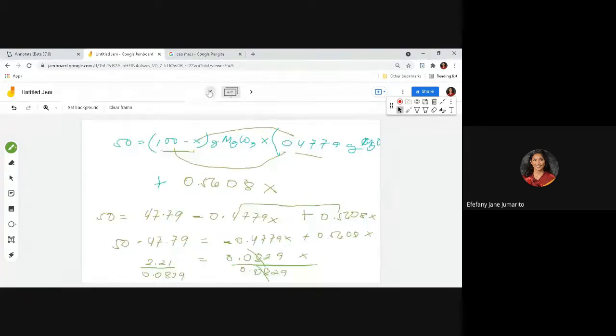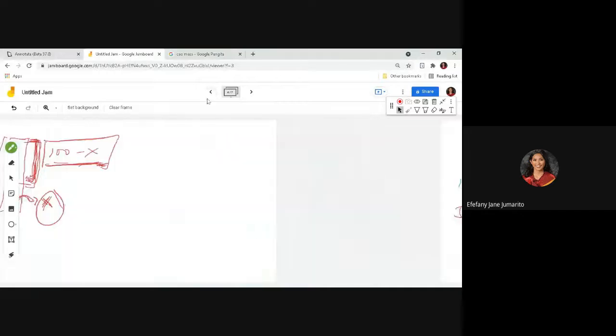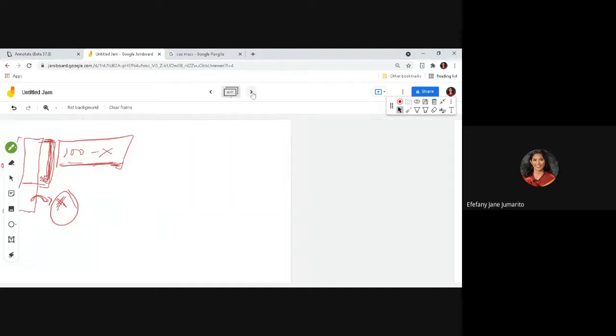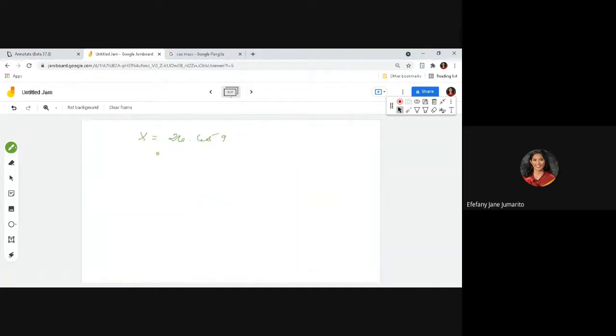So what is the weight of your calcium carbonate? 26.659, ma'am. So this is the grams of your calcium carbonate.